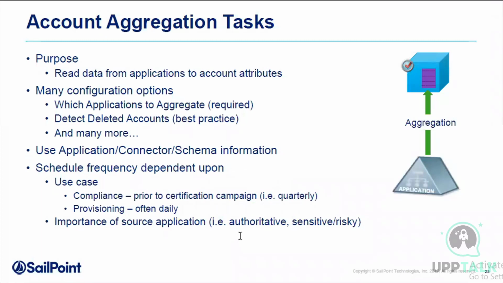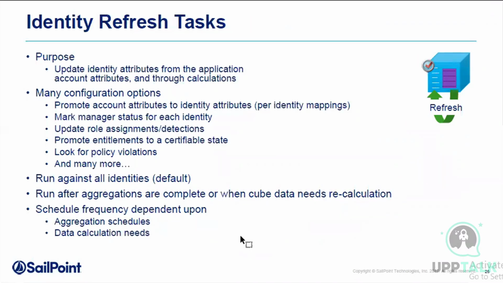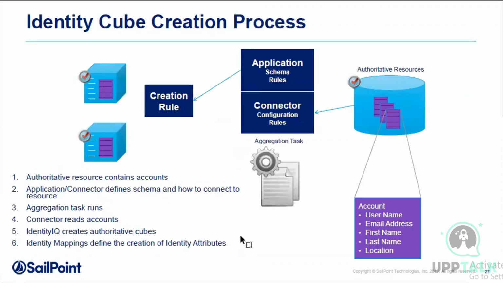The purpose of aggregation is to read the data from the application into account attributes. For identity refresh, the purpose is to update the identity attributes from the application account attributes through calculations. So this is the identity cube creation process. Whatever we have explained till now, you can see in these six points. It starts with the authoritative resource containing accounts. The application or connector defines the schema and how to connect to the resource.